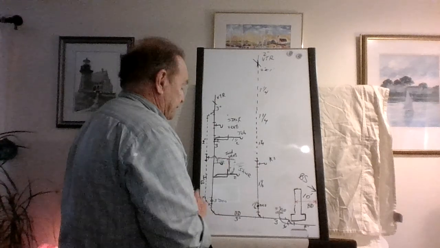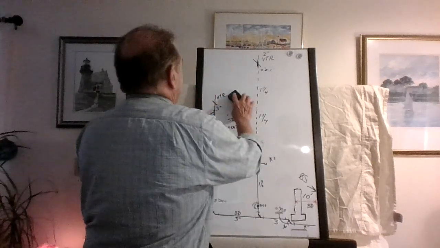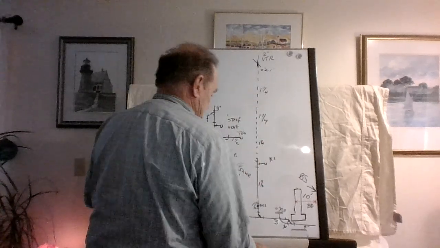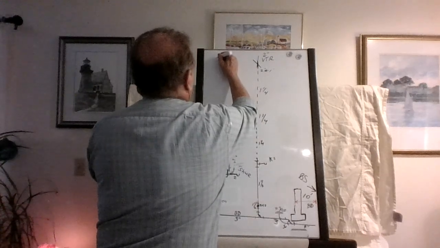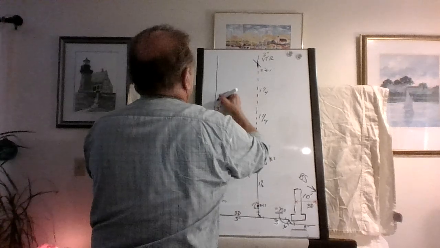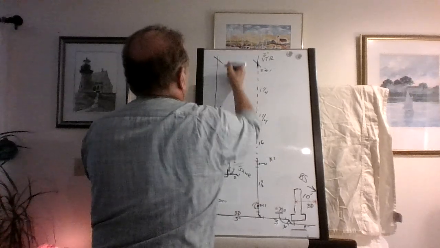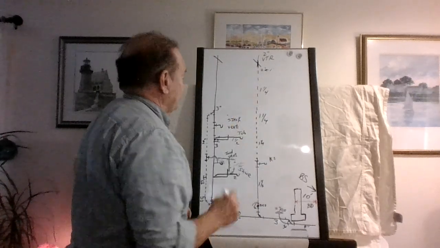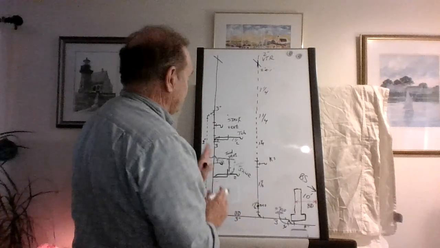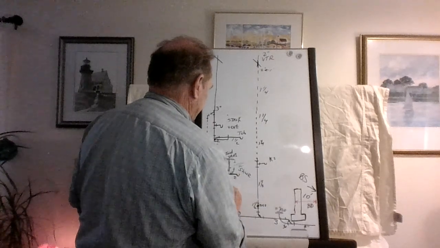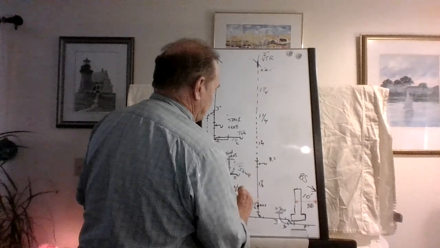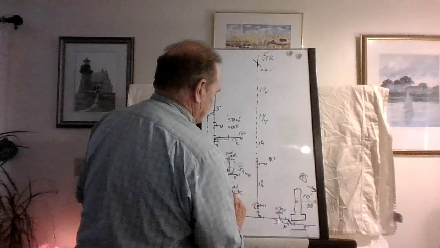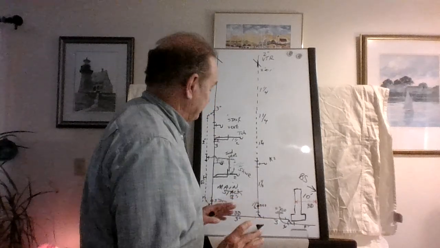Nothing changed. This one, a little bit different. We're going to take this, extend it up. Okay? Now remember what this is called. This is the main stack. You have to have at least one, and it's 3 inches minimum.